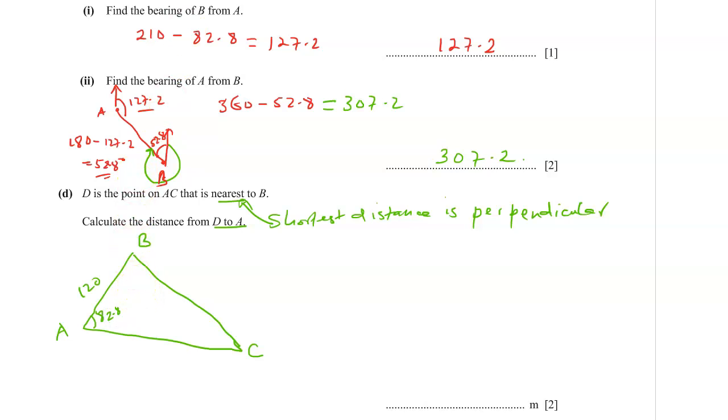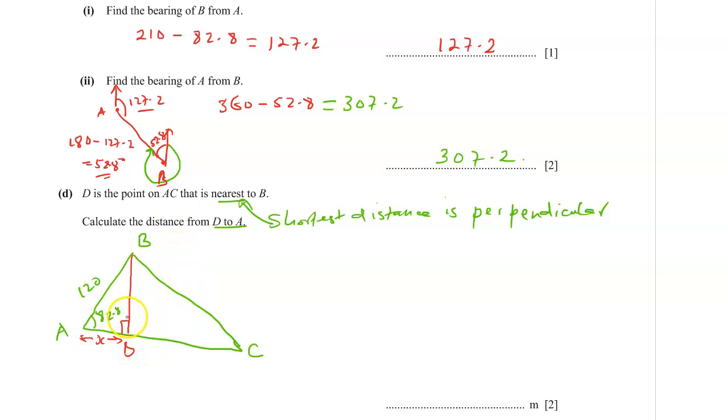Therefore, we draw a perpendicular from B to AC such that it joins at an angle of 90 degrees right there. So we have this angle here, and we need this distance here. This is D. So we need X, the distance from D to A.